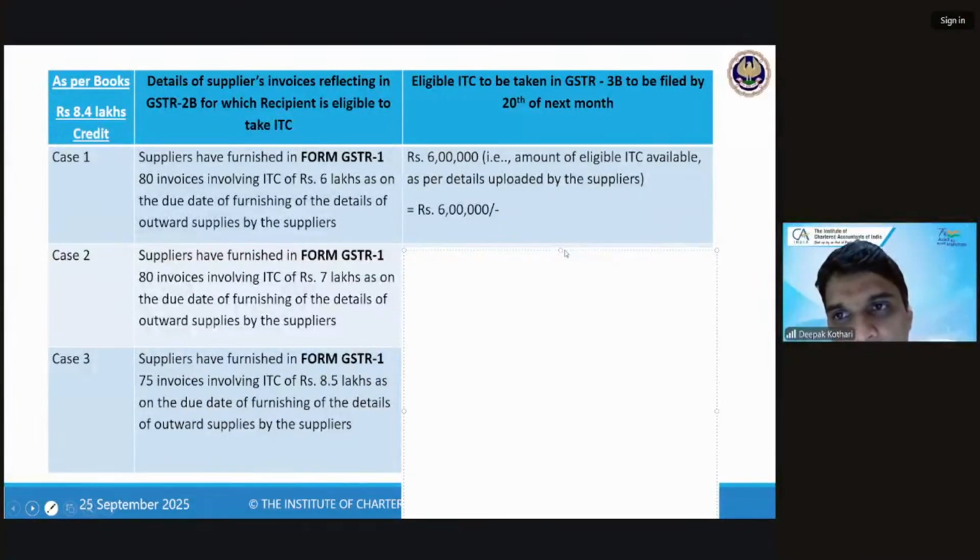Correct, Itam Shetty. Yes. So in the second case, we can claim credit of 7 lakhs.